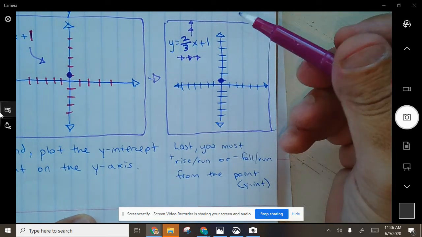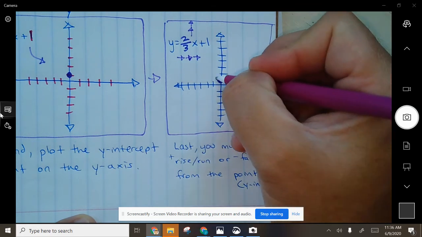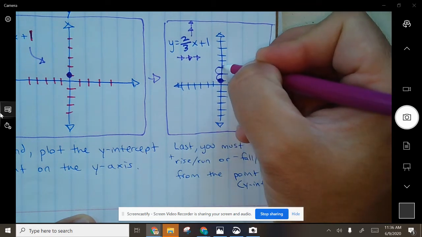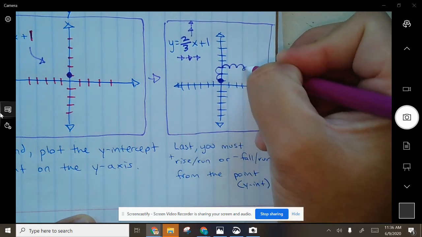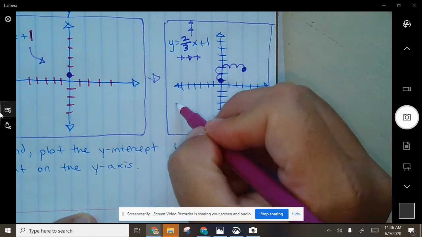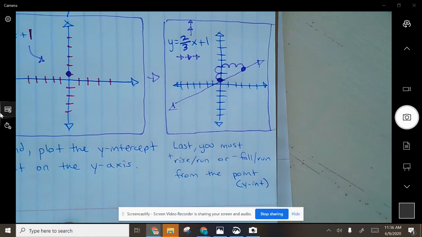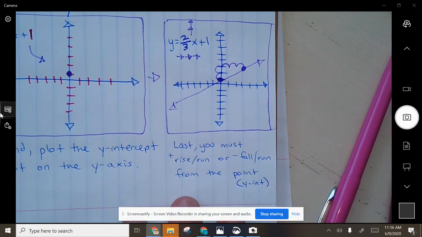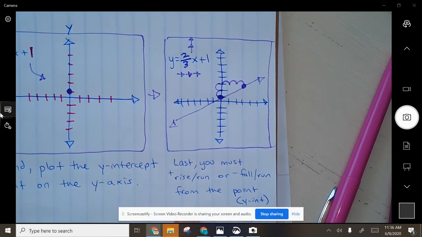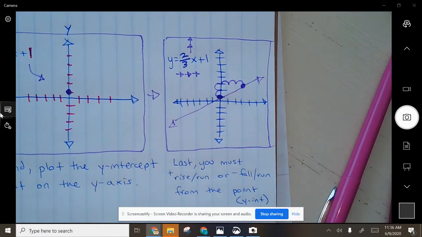From which point? From this point right here. So I'm going to go rise 2, 1, 2, and run 3, 1, 2, 3. And that's where I'm going to put my other point and try to draw a straight line. And then you're done. All right, you just graphed an equation, a linear equation, a straight line in slope-intercept form.